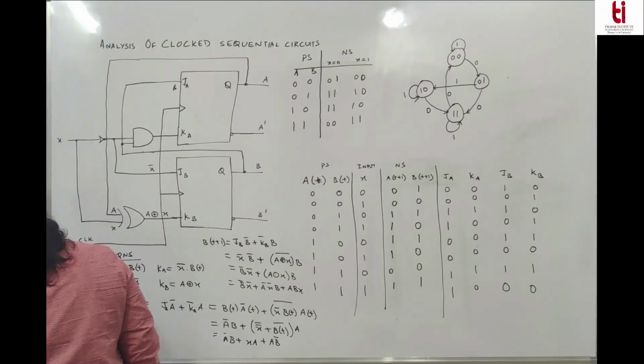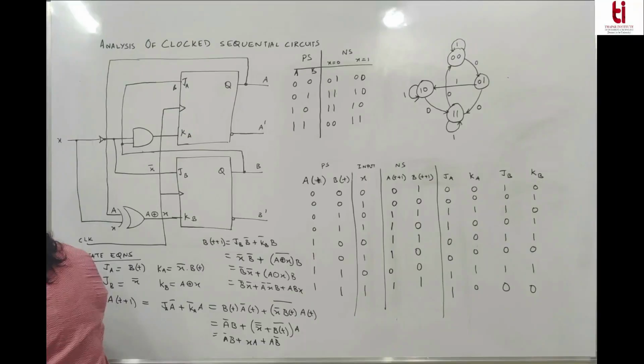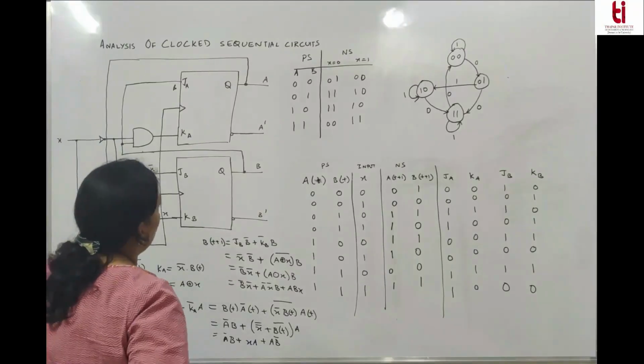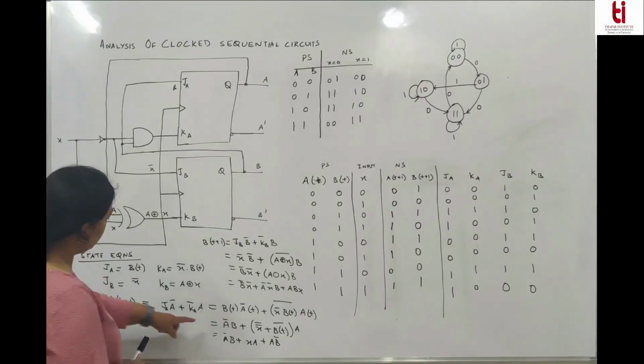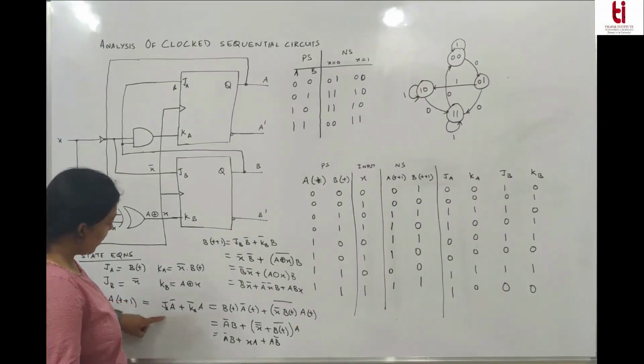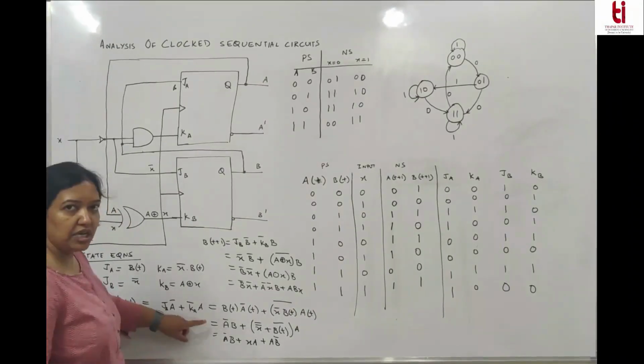Then the same thing can be done with a T flip-flop also. We can have a T circuit and we want to analyze those T circuits. Then what will be the way of doing it? These equations were the characteristic equations for JK flip-flops.